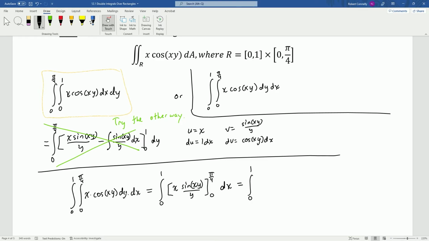Now, remember, this first variable we're integrating with respect to is y. So when we evaluate at pi over 4 and 0, we need to keep in mind that this is y equals pi over 4 and y equals 0. So this gives us x times sine of pi over 4 times x divided by pi over 4.